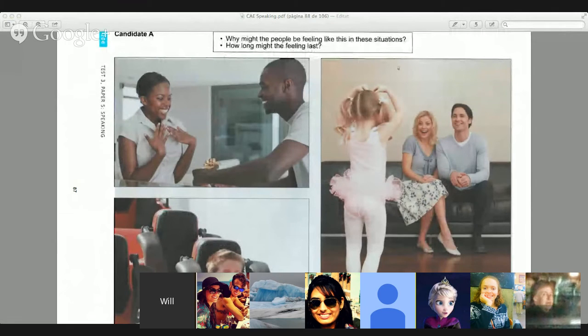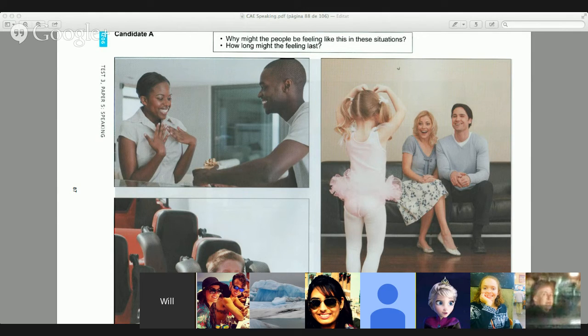Your minute starts now. Well, the second and the third pictures perfectly illustrate the famous quote of Democritus that says happiness is not in possessions and not in gold, but happiness dwells in the soul. For the first picture, I feel suspicious about it.